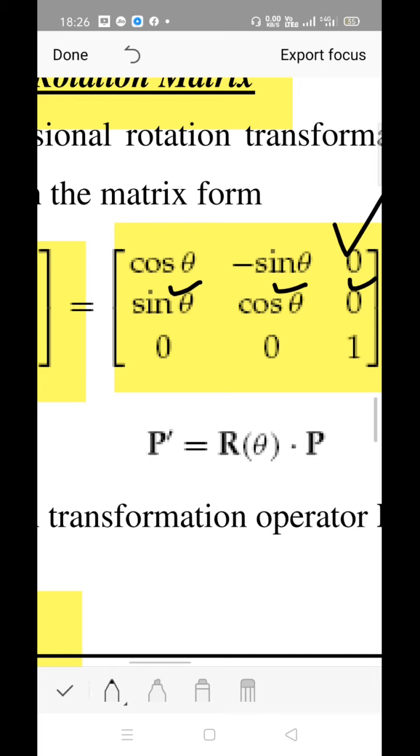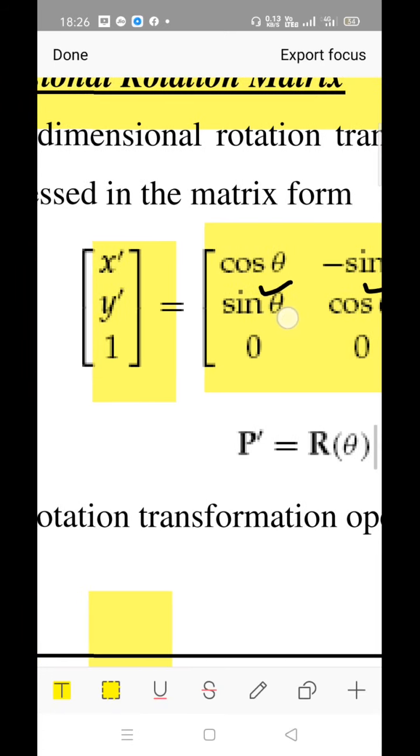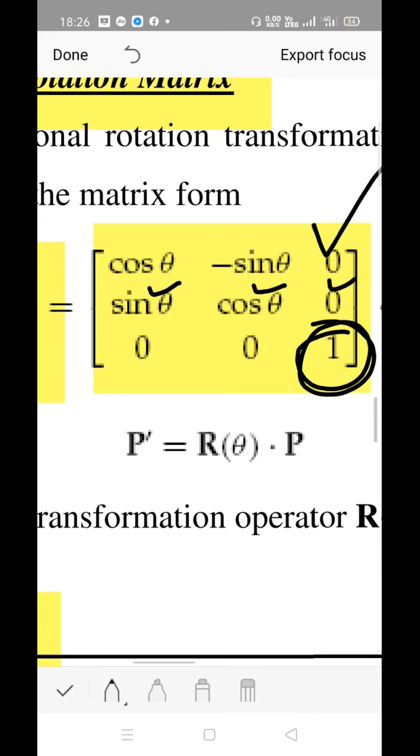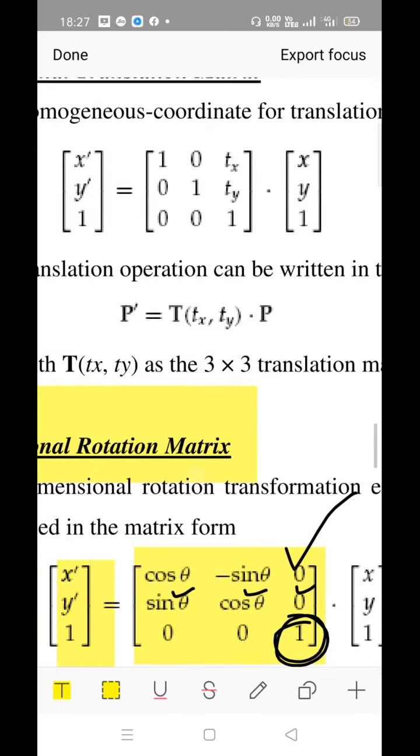So, mark the third parameter as 0. Finally, the third row. This is common for translation, rotation as well as scaling. Just mention the third parameter, that is the perpendicular plane, the z plane, value as 1, the last value. The third row, third column value should be 1, for translation, scaling as well as rotation. Scaling we will be discussing later.